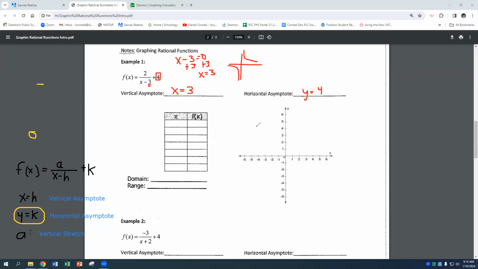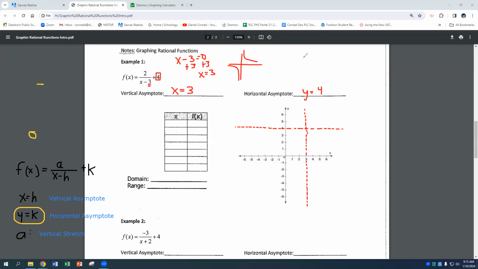Okay, if we go ahead and graph this, I'm going to start by plotting my asymptotes. So I'm going to put a vertical asymptote at 3, a dashed line here at 3. Right, and then a horizontal asymptote at y equals 4.